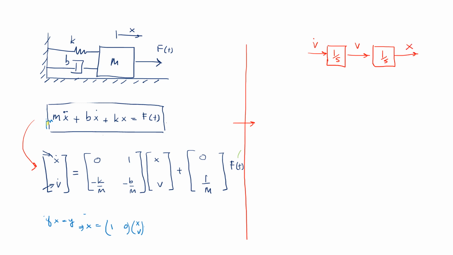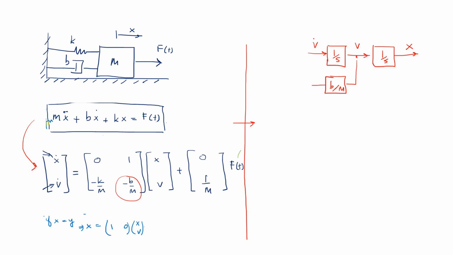Now I can see that I can take the v, which is the velocity, and I can see that happening over here, multiplied with b over m, and that would be in terms of a block defined like this.